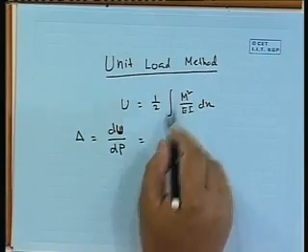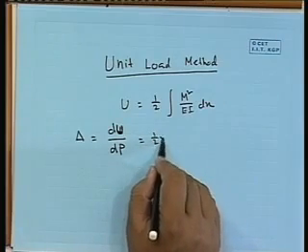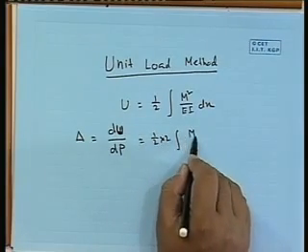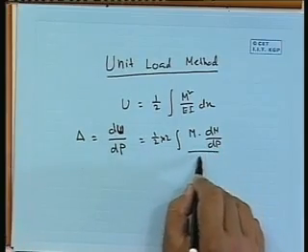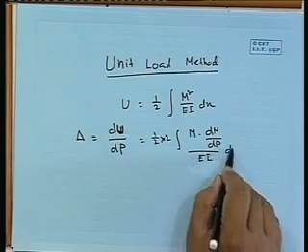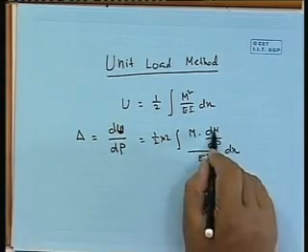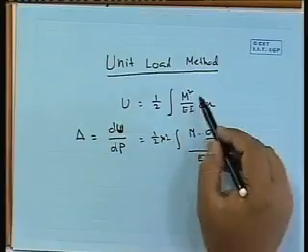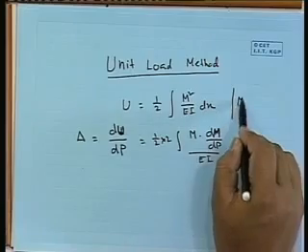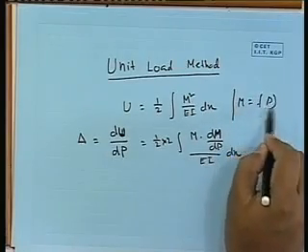It will be this, half 2 M dM by dP divided by EI dx. Okay. So, U equal to half integral M square by EI dx, where this M was, say, a function of P.